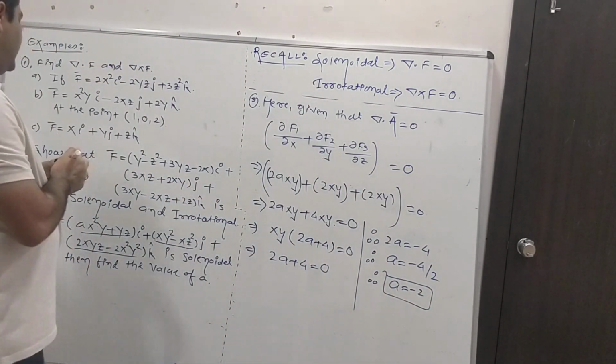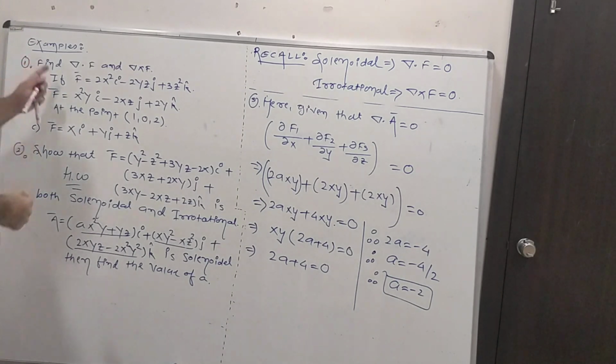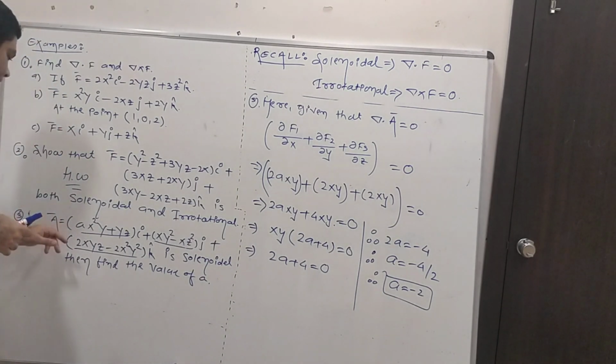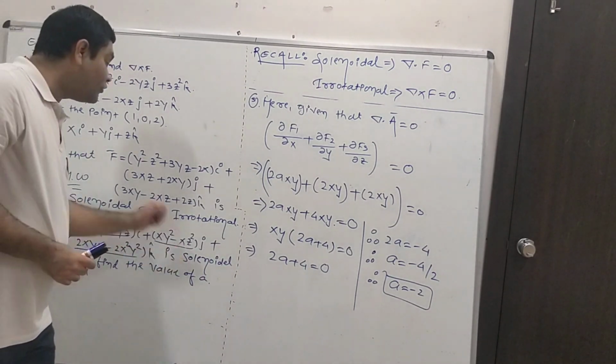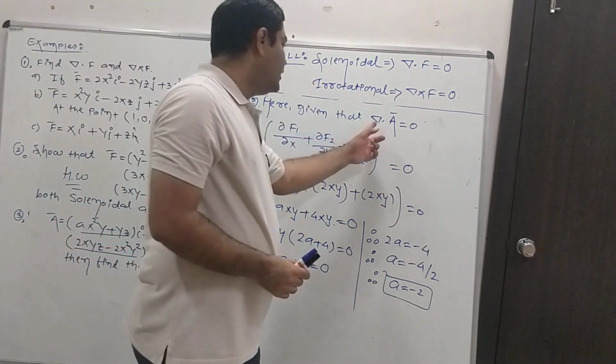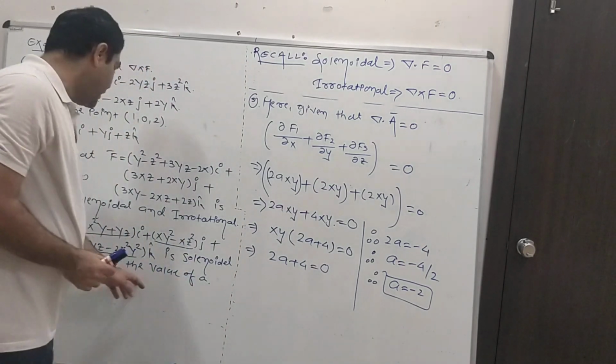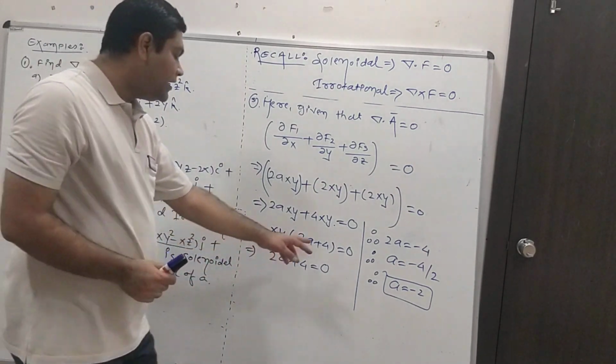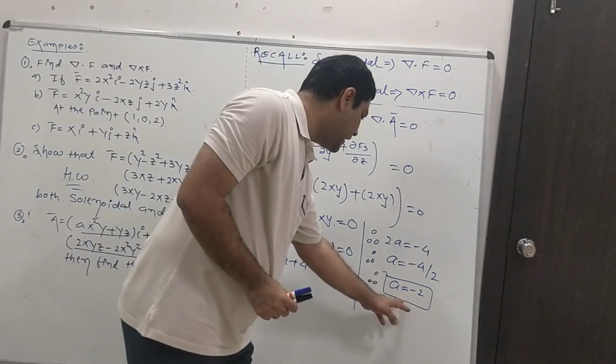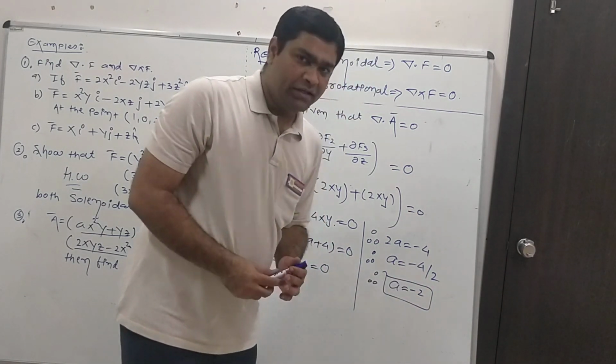So here we have solved the 3 examples, students. In this example, we have been given that this is solenoidal. If it is solenoidal, del dot A is equals to 0. Then we have to find the value of a. So here we have found the value of a, and a is equals to minus 2, students.